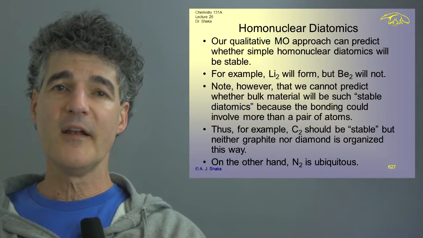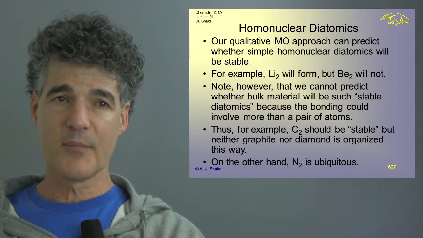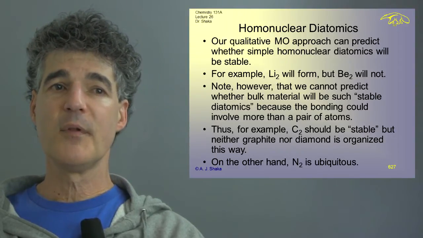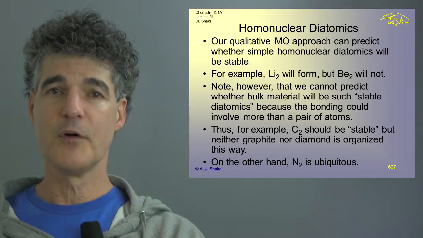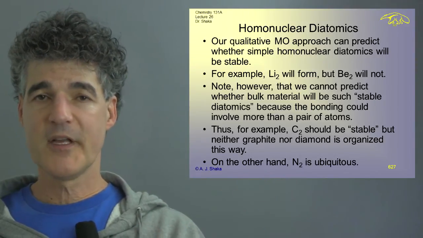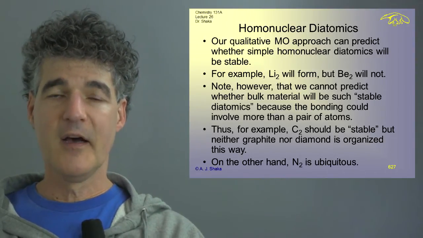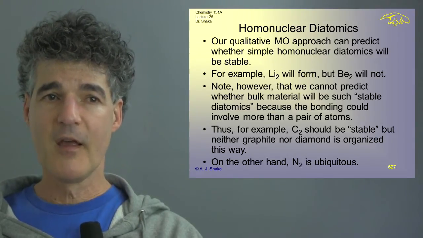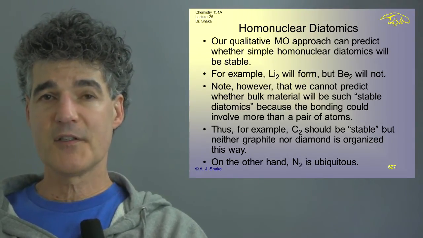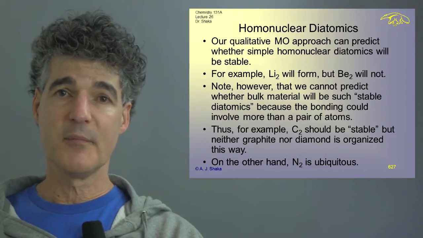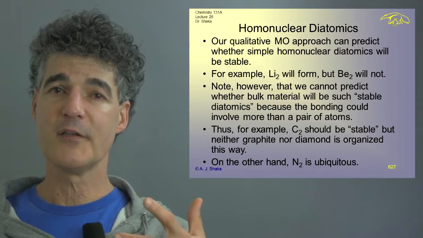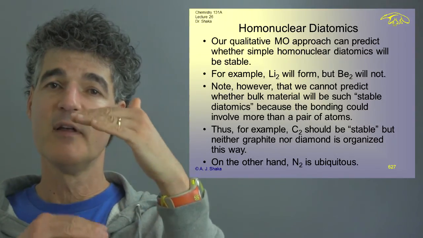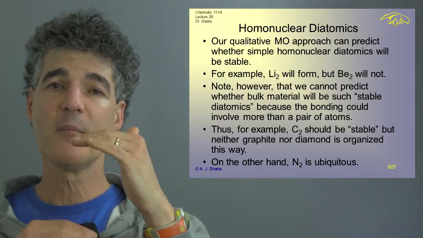Now, our qualitative molecular orbital approach can predict qualitatively whether simple homonuclear diatomics will be stable. By stable, we mean they're going to have a bond order that's bigger than 0. And by this rationale, for example, if we take our simple MO diagram with the 2s, it's very similar to hydrogen. With the 1s, we have the same bonding and anti-bonding.